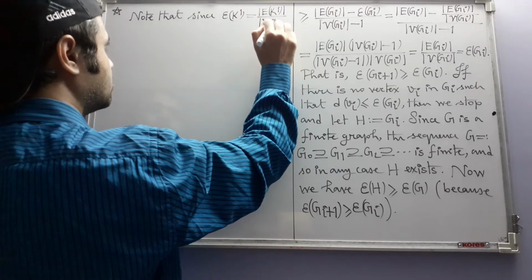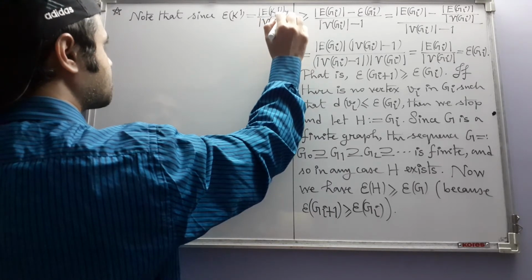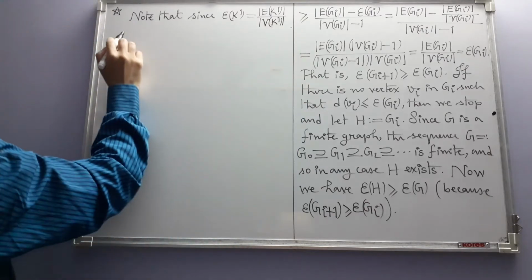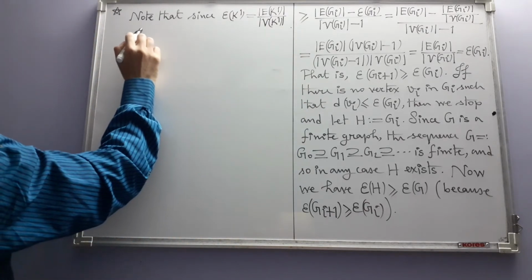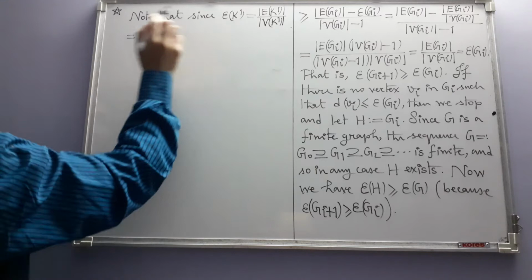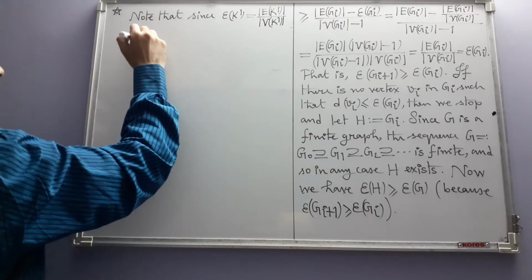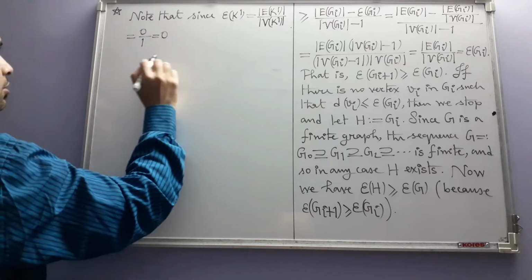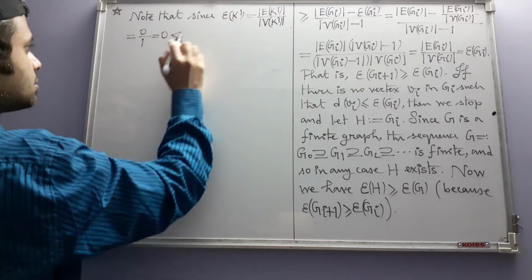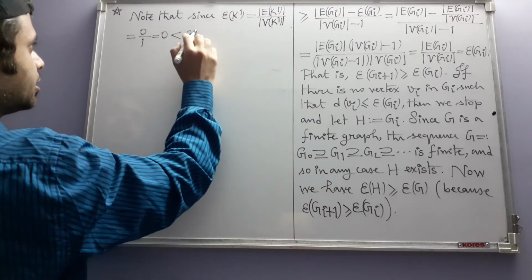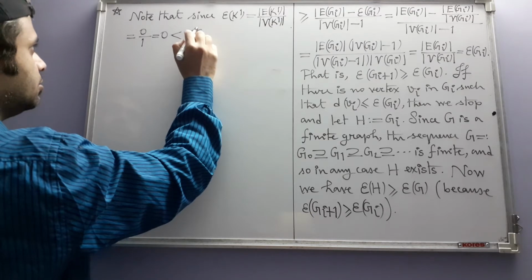This will explain why the average degree for this one is 0. There is no edge, so the numerator is 0, and there is only one vertex, so this is equal to 0, and this is strictly less than epsilon of G.